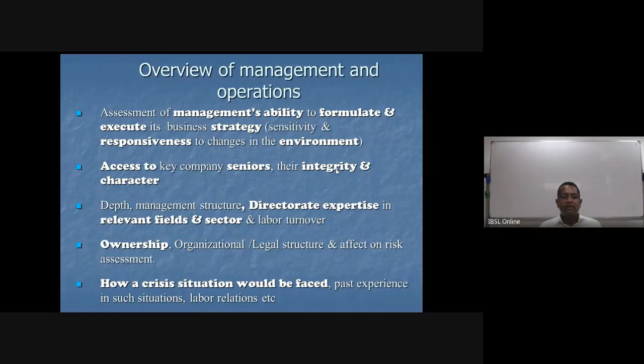We have to look at ownership and legal structure. Why are we looking at all these things? Qualified people, experienced people, directors' ownership, whether they can create strategy or implement the strategy, have the experience and have been successful in the past.